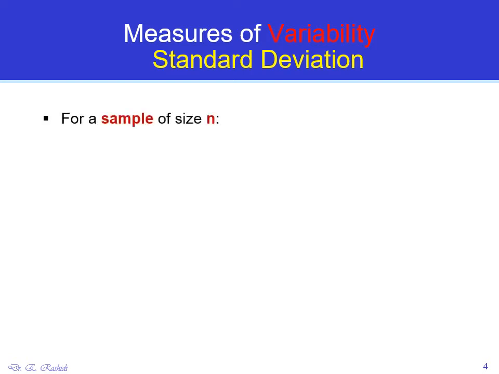Suppose we have a sample data with n items in it. The standard deviation for a sample is shown by a small s, because s stands for sample standard deviation. So we show it by s, and it's equal to this formula.